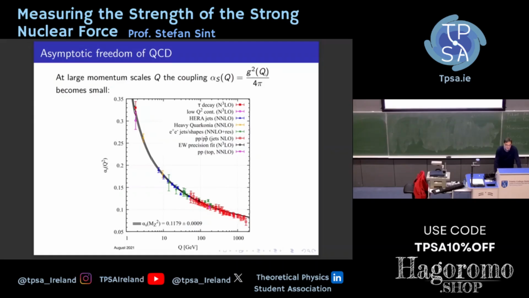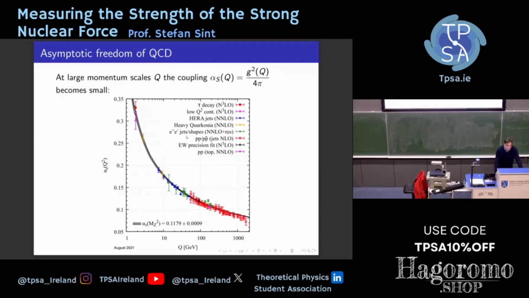And this scale dependence can be measured approximately. We'll say in a moment how this is measured. And you see if you go up in scale to ever higher scales, you find that this is a decreasing function here. So all these points with error bars are experimental measurements, say from tau decays, from jets at HERA. HERA was an accelerator at DESY in Hamburg. Heavy quarkonia.